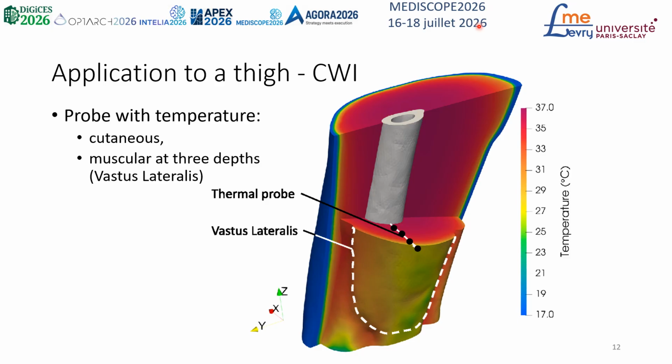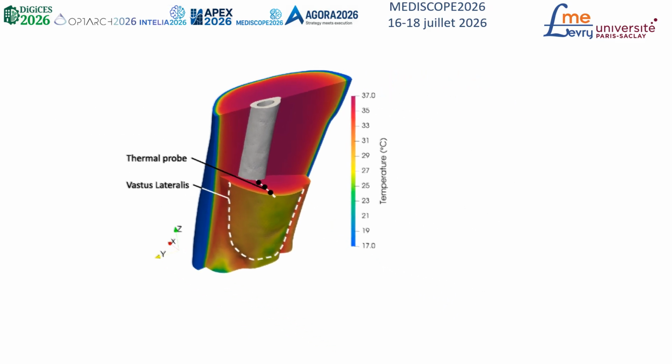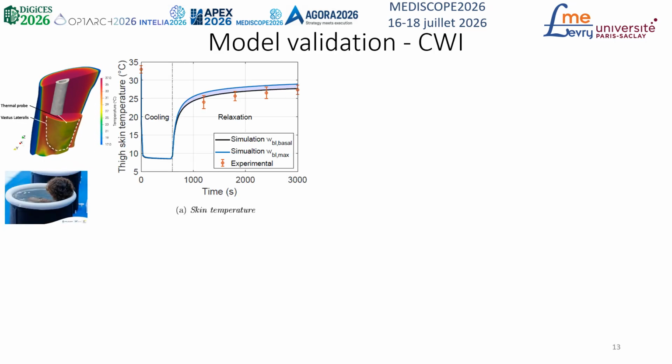We were also able to virtually recreate the temperature probes on the skin and at 1, 2, 3 cm depths in the muscle. So the interest of a numerical model is to be able to display temperature at any point in space and time of the experiment.